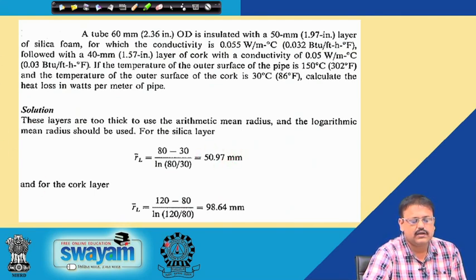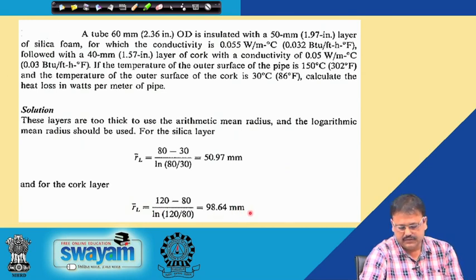For the cork layer, the diameter is given as 60 millimeter, so the radius is 30 millimeter, and the layer of silica is 50, so 30 plus 50 is 80, and another layer is given as 40 millimeter, so it is 120 millimeter minus 80. This way the calculation gives r L equals 98.64 millimeter.